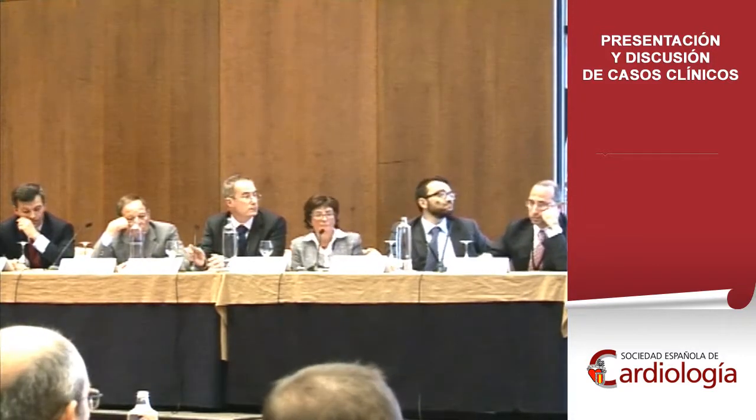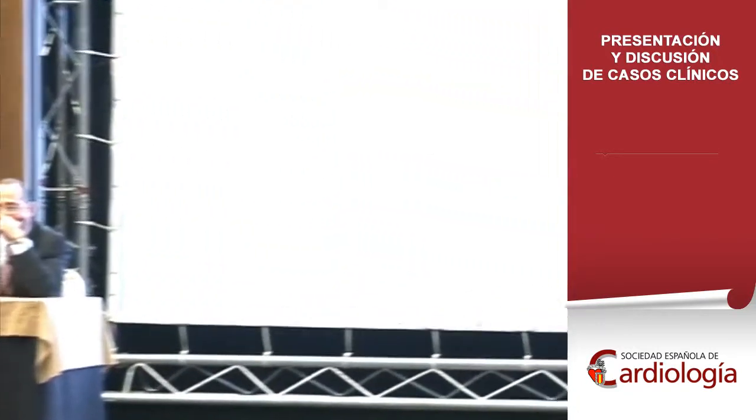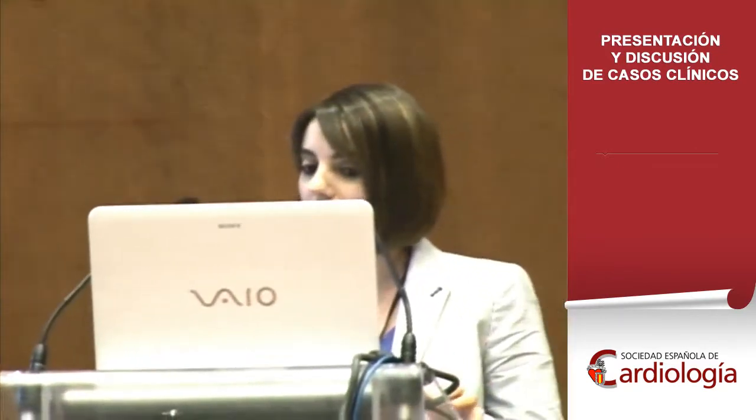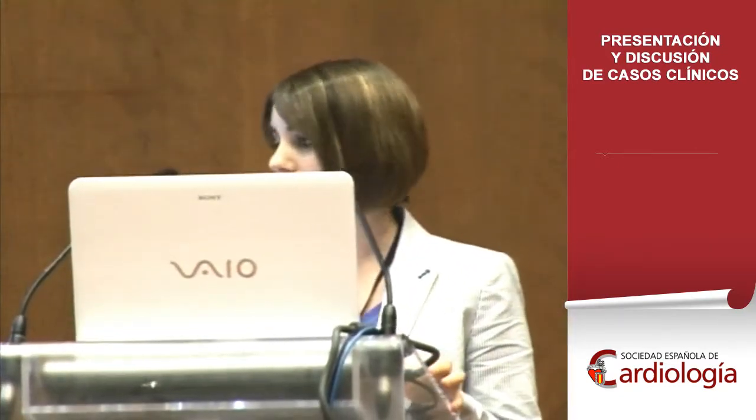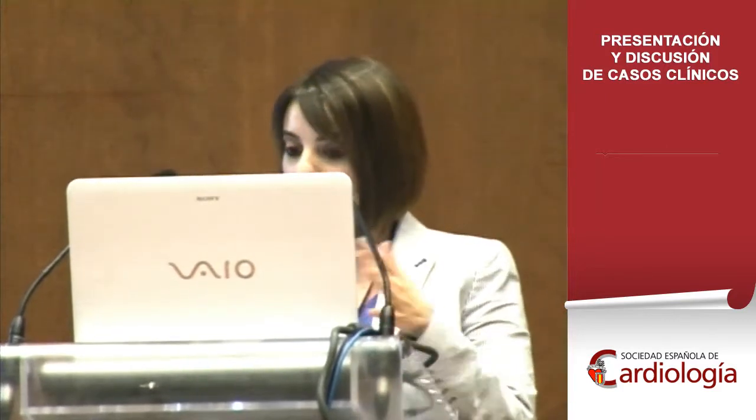Okay. So we discussed her with the cardiac surgeon, and it was agreed that we should continue with medical management or PCI depending on the evolution. And she was extubated and transferred to the cardiology ward, but the next day she had acute pulmonary edema, was reintubated and admitted to the CCU. The echo showed the same.